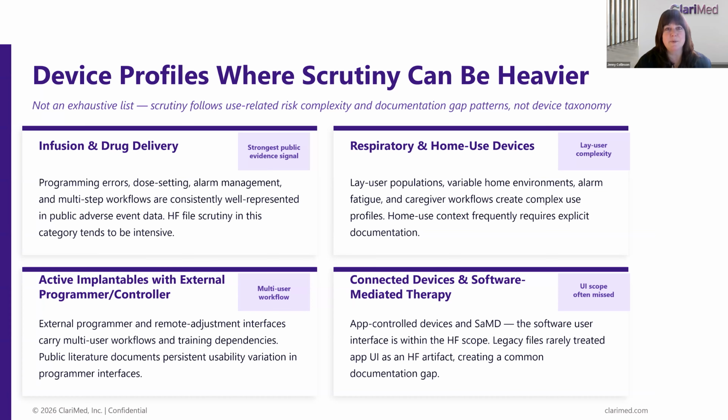As long as you consider, as you would for the development of a new product, that you've documented the different use-related risks that can occur from different user groups, then that should help to build the file.